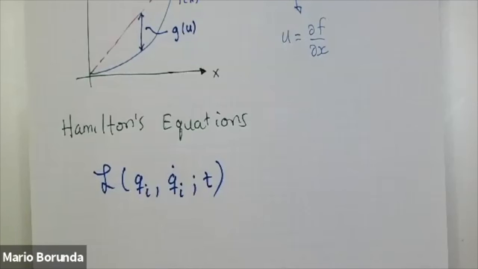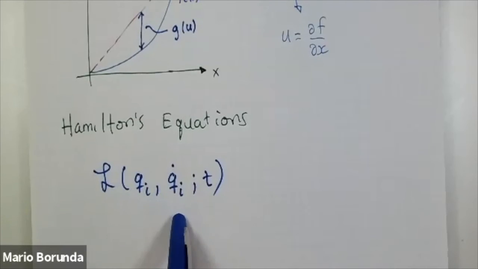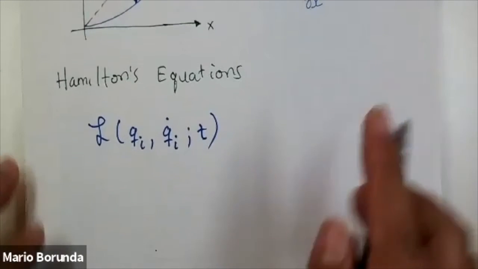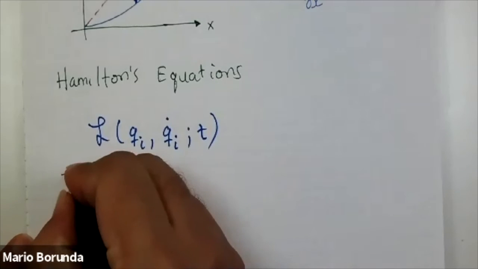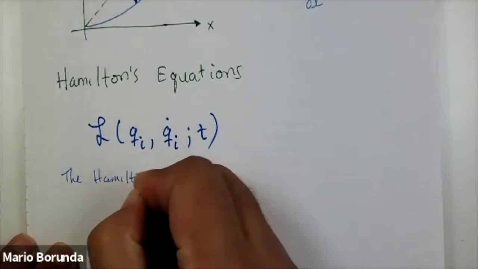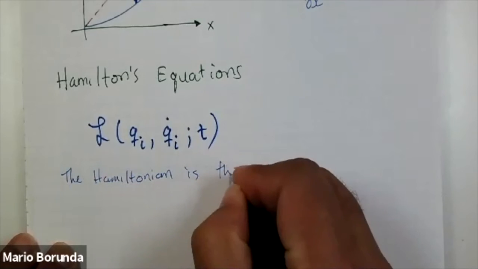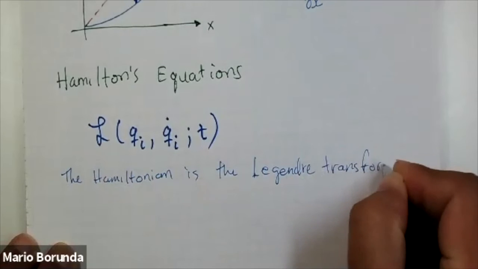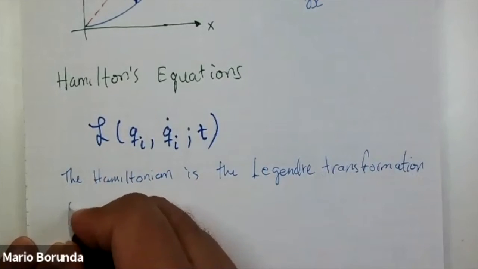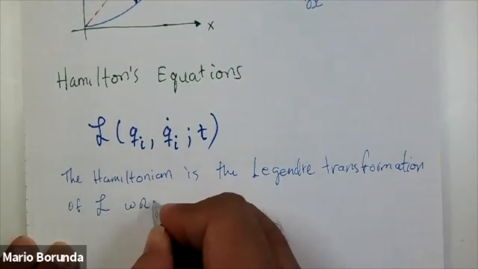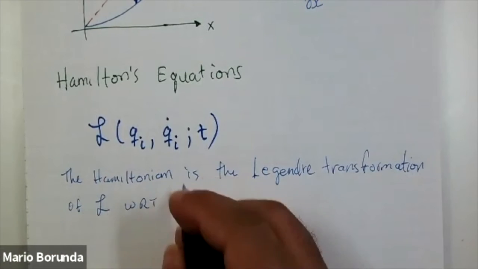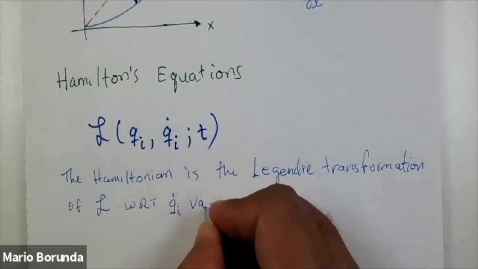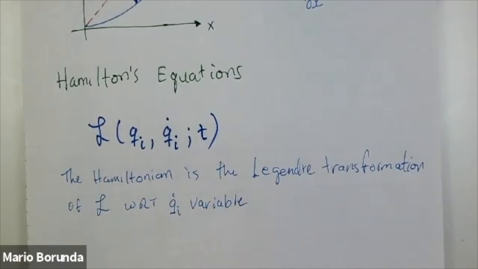All right. So we define the Hamiltonian to be the Legendre transformation of the Lagrangian with respect to the q i dot variable. So this is the variable that we're getting rid of.